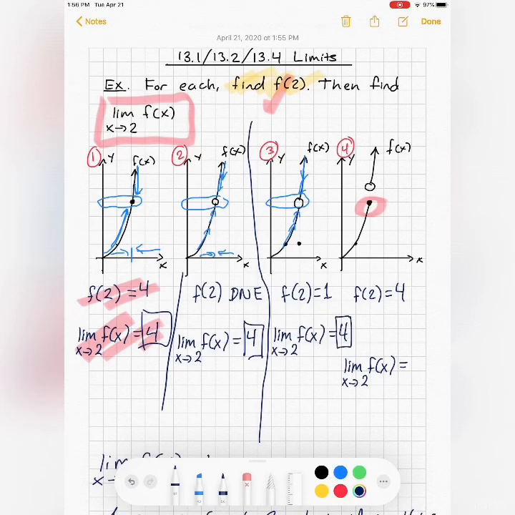This limit would also be 4, okay? Even though at the instant when x is equal to 2, I jump down here, that only occurs at the instant when x is equal to 2. So again, that does not actually affect the limit because the limit is concerned with what happens as we get close to that x value, not actually what happens at that value instantaneously.